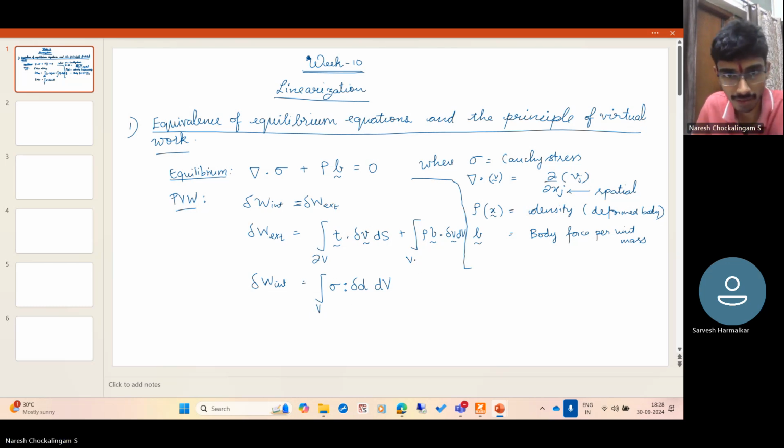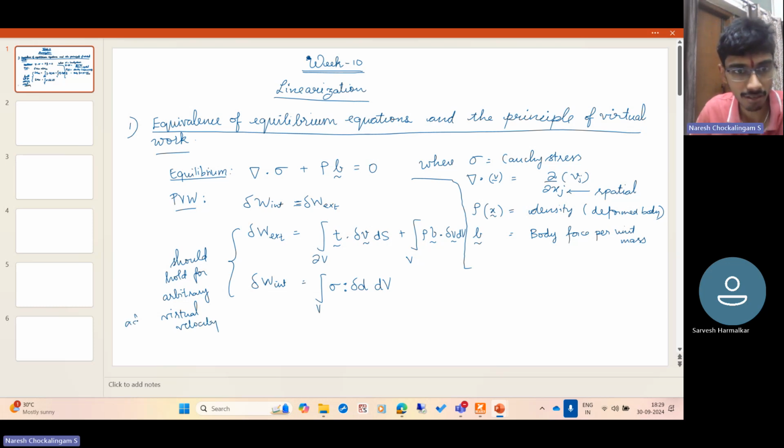These two are completely different statements, and this should hold for an arbitrary admissible virtual velocity field del V of x.